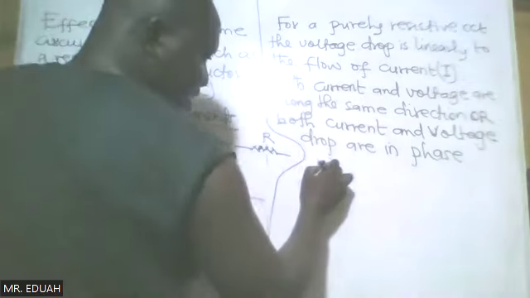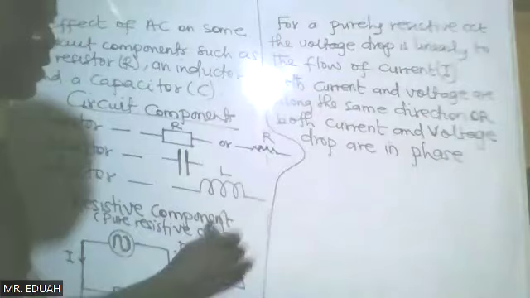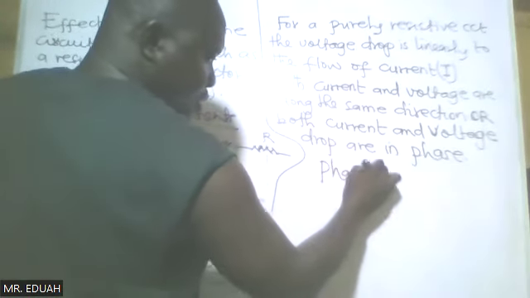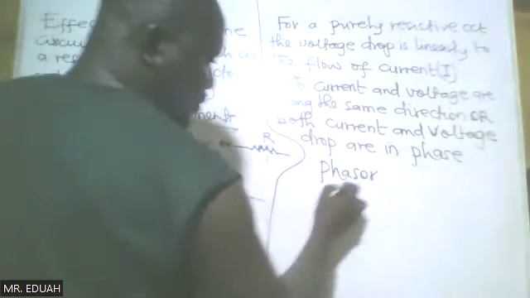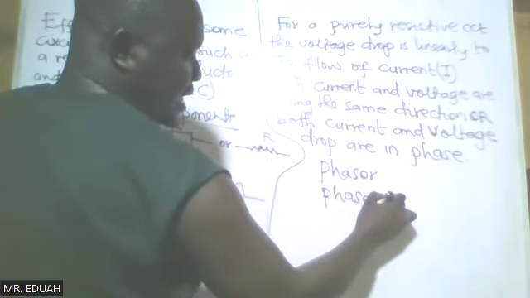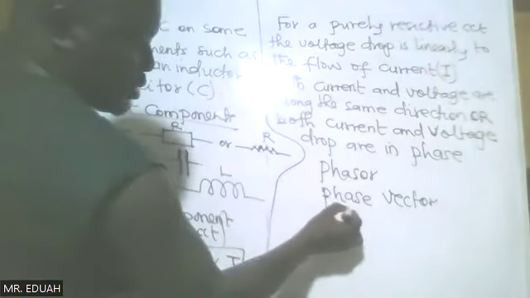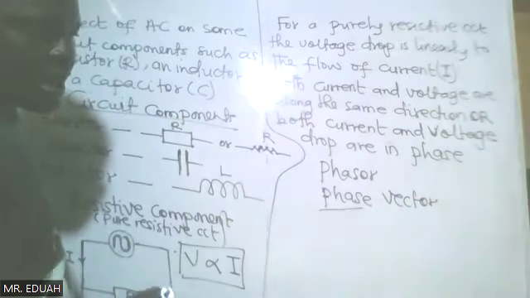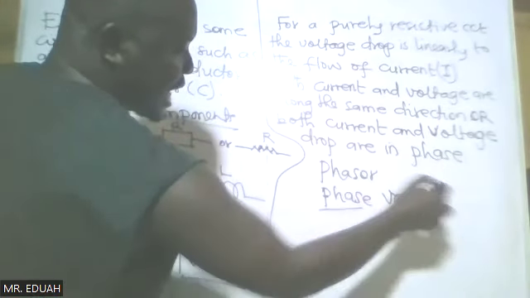If we draw the phasor diagram for current and voltage, the word phasor comes from phase and the word vector. So we pick P-H-A-S from phase and add O-R to make it phasor.